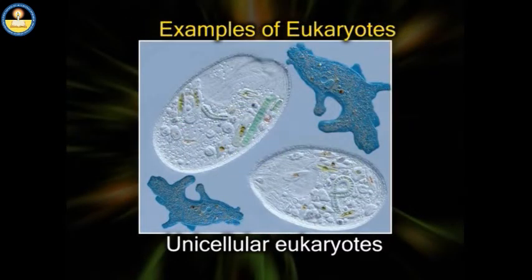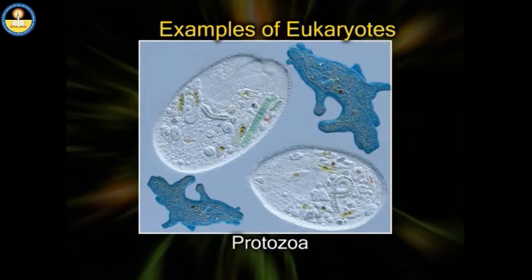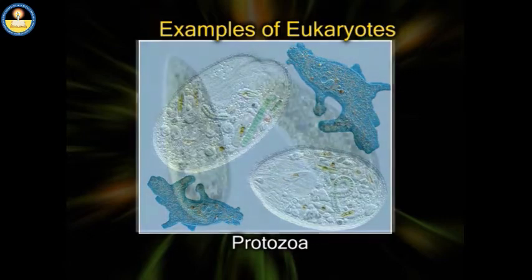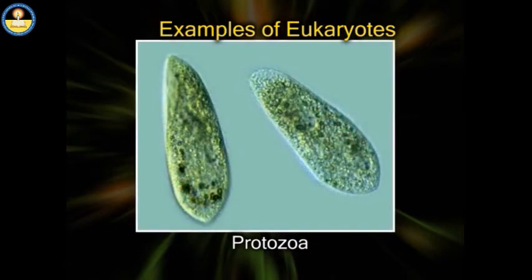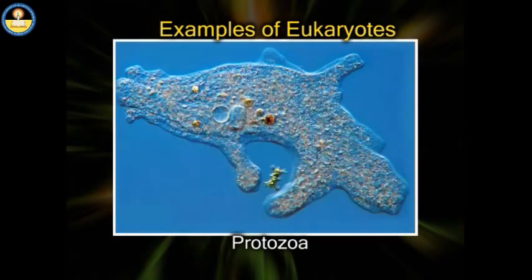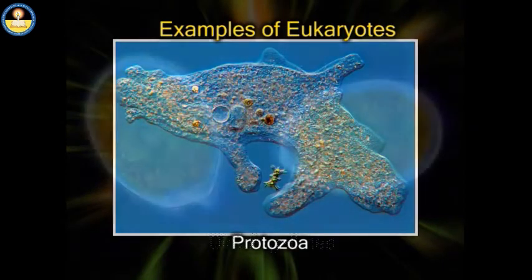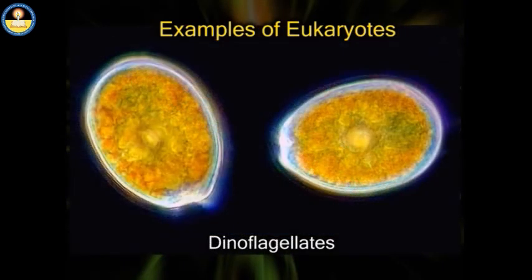There are many unicellular organisms which are eukaryotes. Most protozoa are unicellular eukaryotic organisms. Example: paramecium, amoeba, dinoflagellates. Although they are unicellular, they contain defined nucleus and membrane-bound other cell organelles.